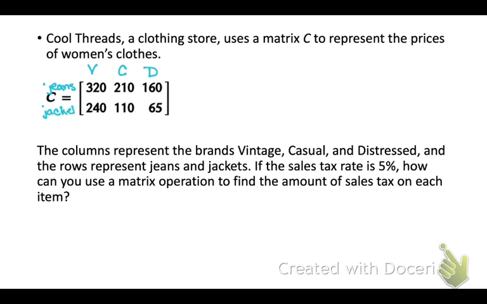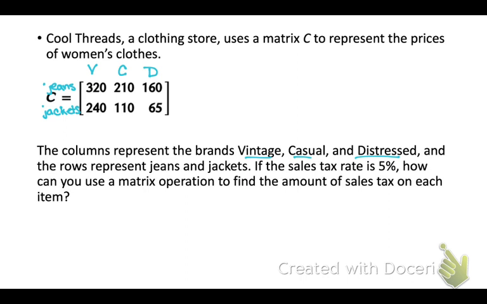Okay, unless it tells you the first row is this and the second row is this, you name them in the order that they're said. Does that make sense? Yep. Because they said vintage, casual, distressed, so you went vintage, casual, distressed, left to right. It said jeans and jackets, so we did jeans, jackets, top to bottom.